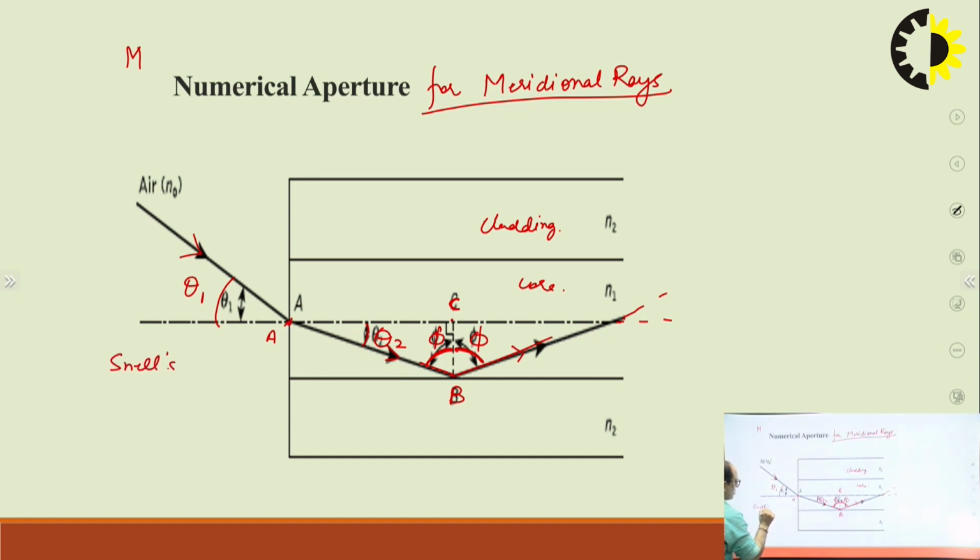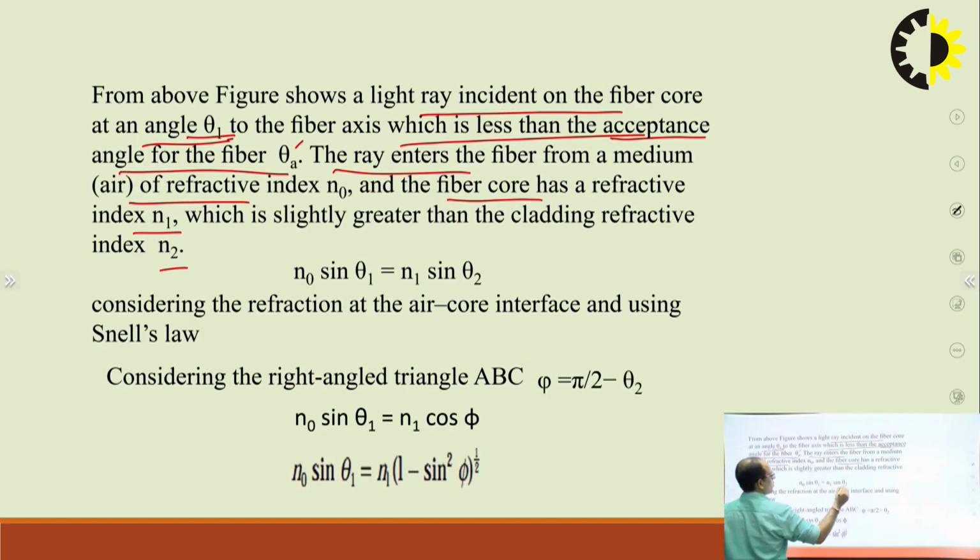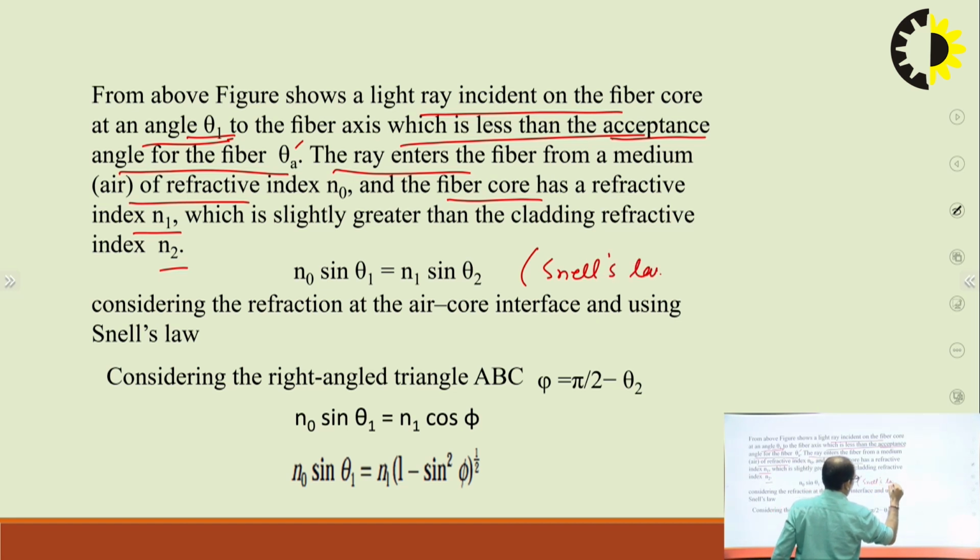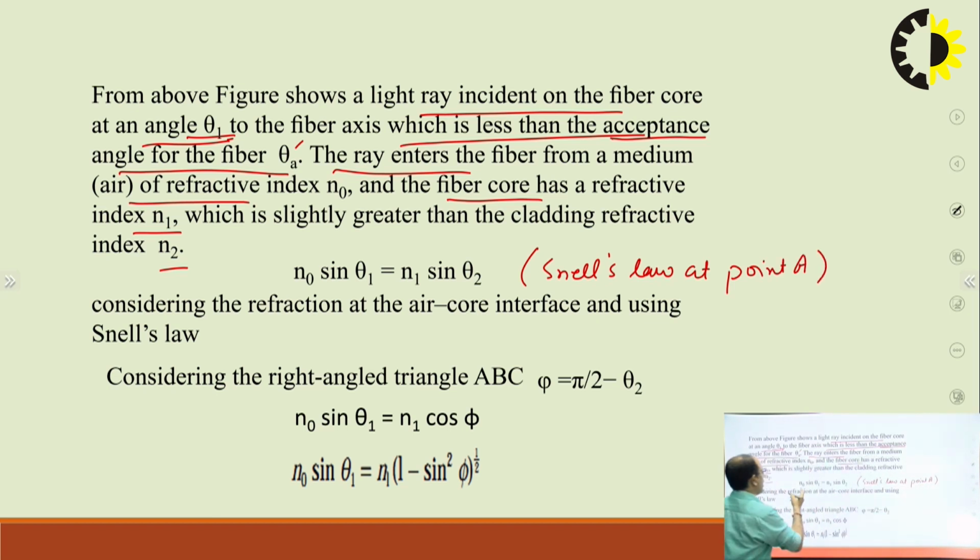Snell's law at point A. You will see that when you apply Snell's law at point A, n naught sin theta 1 is equal to n1 sin theta 2.